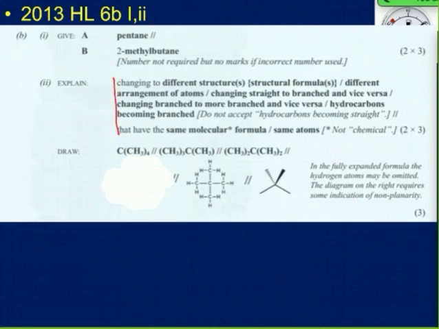Draw the structural formula of another isomer of A and B. So the only one that was left was the 2,2-dimethylpropane. So this would be the one that you should have drawn. Okay, so different structural formula, same molecular formula.